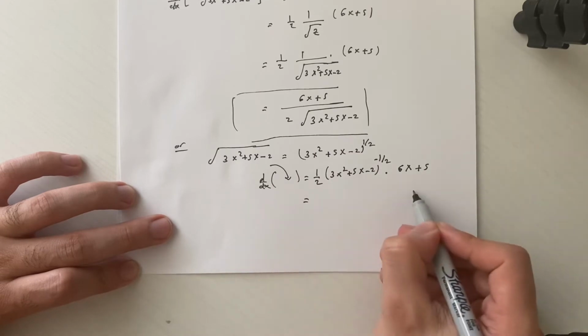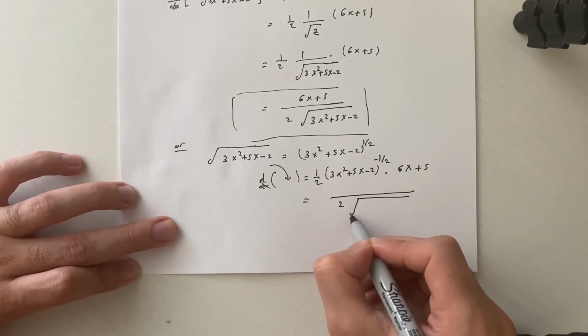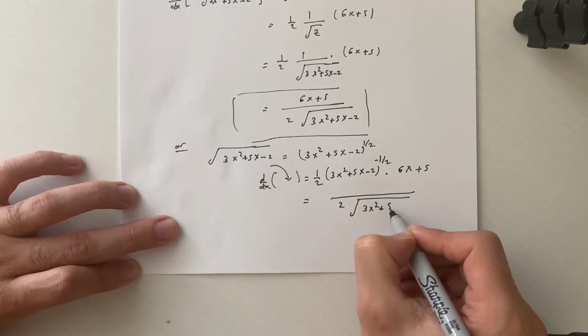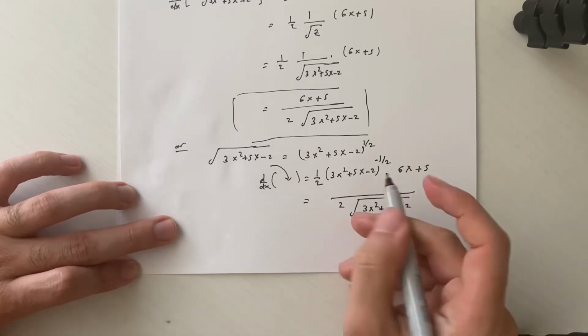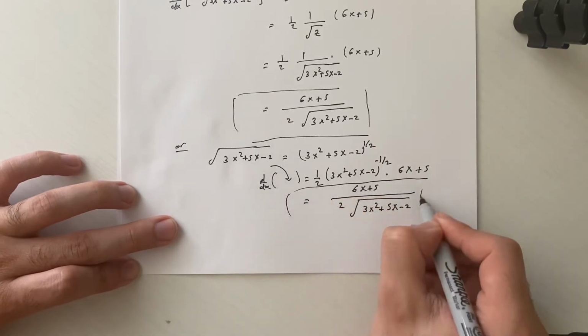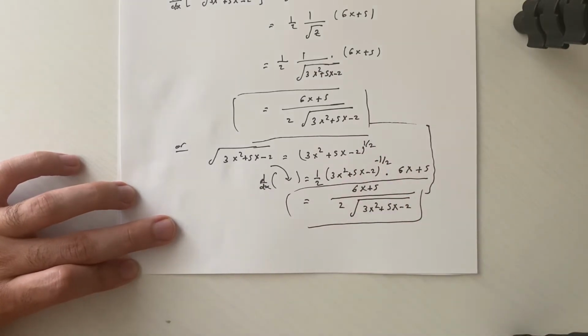I'm just using the power rule here. Now I'm just simplifying. So the whole term to the negative half will go to the bottom, and you can see they are the same answers.